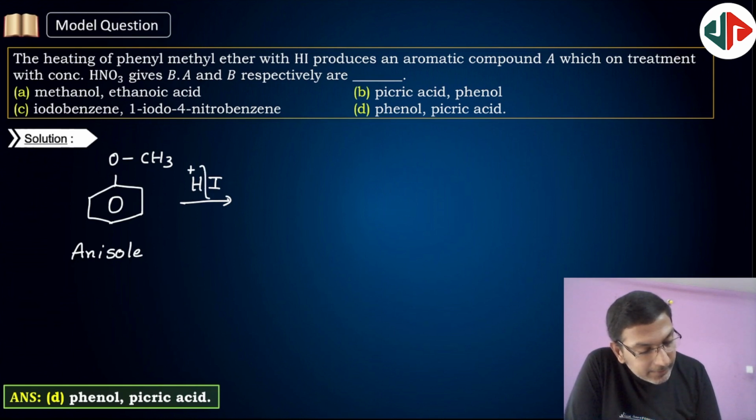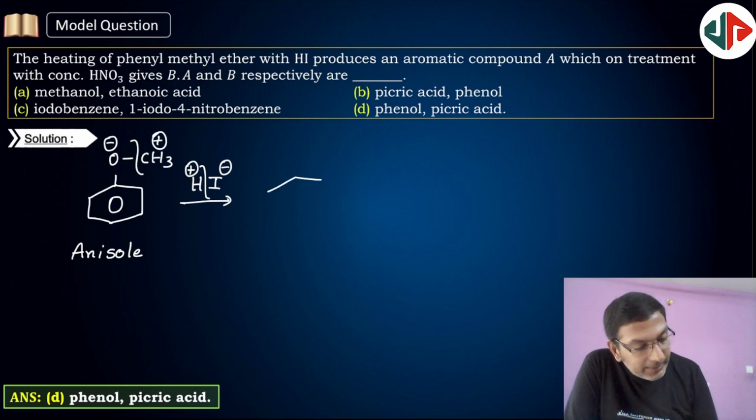HI means H plus and I minus. It gives phenol plus CH3I.